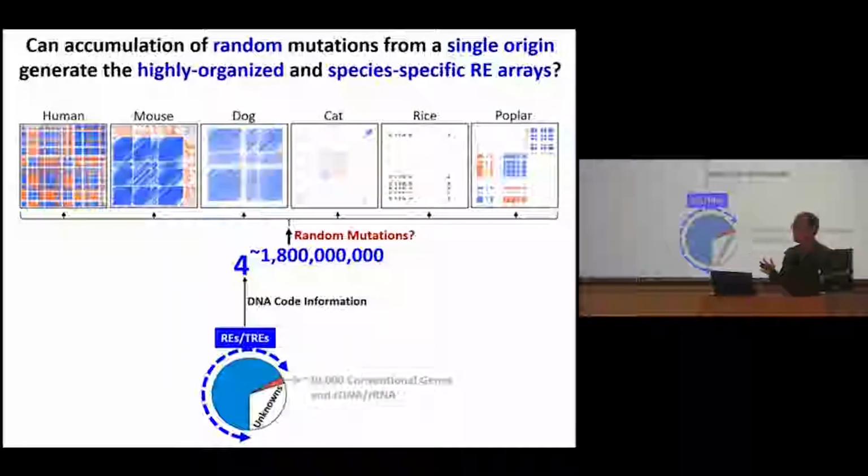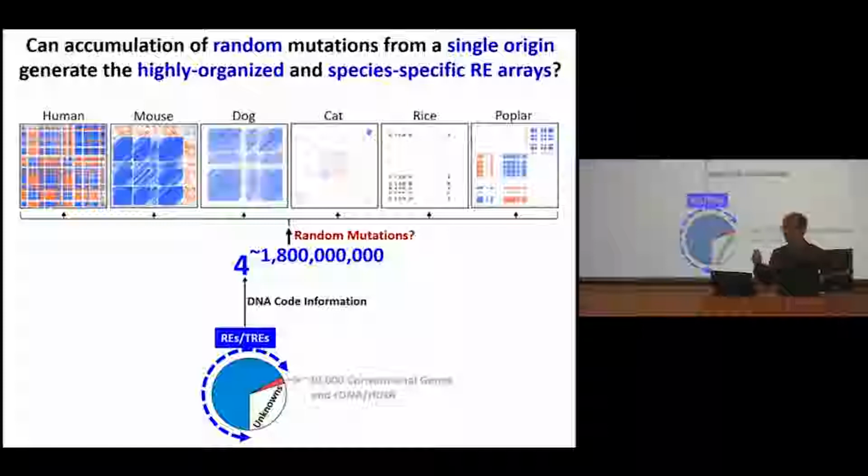Just based on mouse and human RE array surveys, we found that they do not share RE arrays, even though they share 85% of conventional gene sequences. These RE arrays are highly organized and structured. So here's the question. If mice and humans started from the same ancestor, and there were many random mutations over many years, can we form this unique structure for each species?